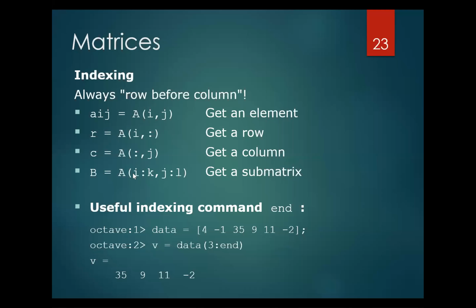So this is what we are going to do. This is the row and this is the column. So we pick from this row to this row and this column to that column to form our submatrix. So let's go back and do justice to that.